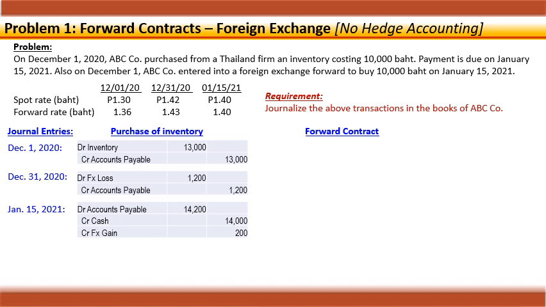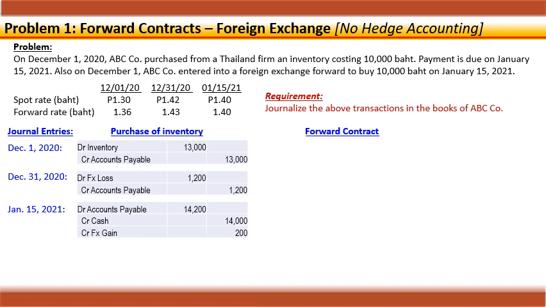That's 200 forex gain. Credit. Tapos, debit mo yung cumulative amounts na na-record mo sa accounts payable, which is 13,000 plus 1,200. That's 14,200. Then, credit cash for the actual cash na binayaran mo, which is based on the spot rate. 1.4 times 10,000 baht.